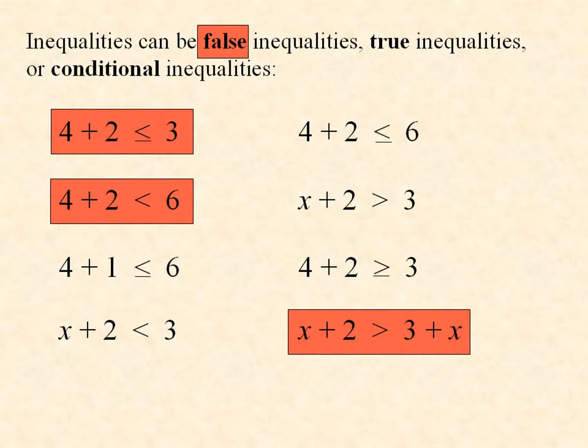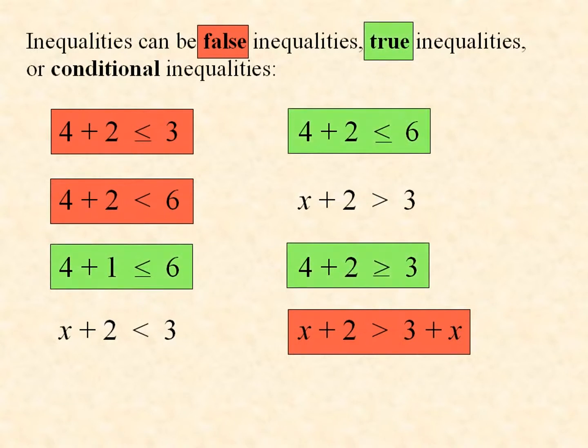The second one says 4 plus 2 is less than 6. That's false because 6 is not less than 6. And the one at the bottom says x plus 2 is bigger than 3 plus x. That happens to be false because if you add 2 to a number, you're not going to get anything as big as when you add 3 to a number.